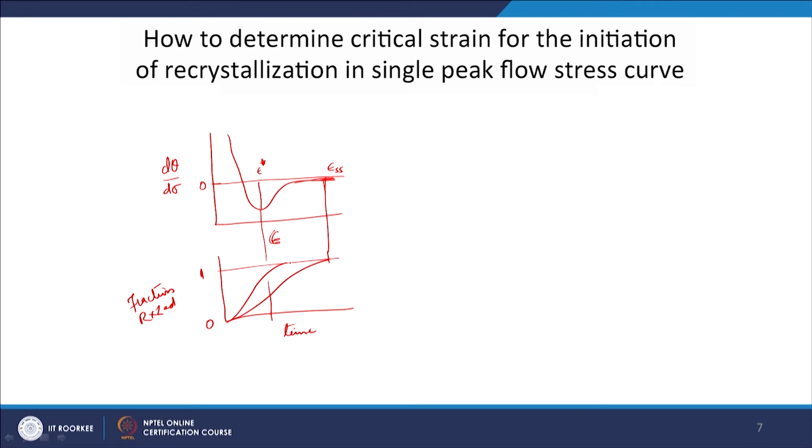So, this kind of analysis will give us the critical conditions of deformation to get a recrystallized microstructure, and what amount of strain I have to impose in the material to get this kind of recrystallization. Always, if you are designing the process, you have to keep an eye on the flow stress.